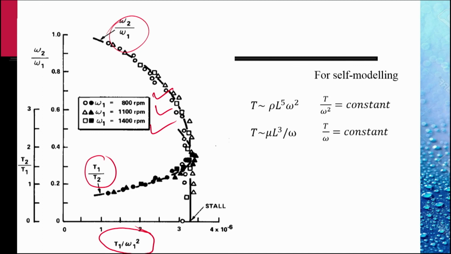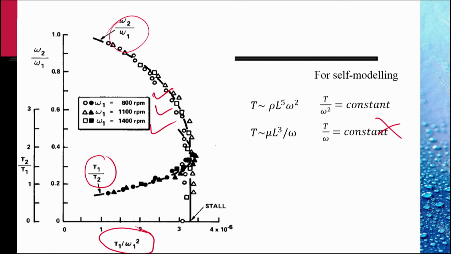What does this show? This shows that T divided by omega squared is constant, is the correct modeling rule for the self-modeling test. That means that the torque converter is governed by inertial forces, and we can forget about the viscous forces.